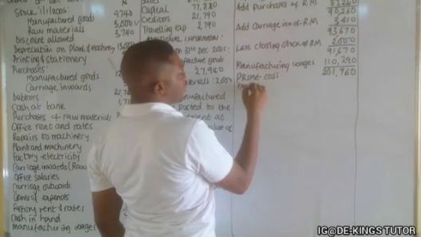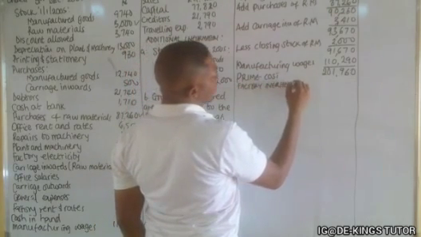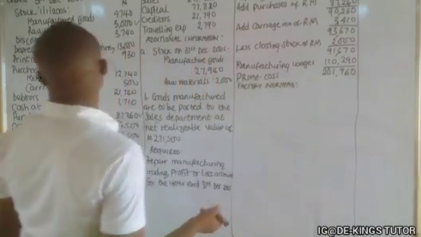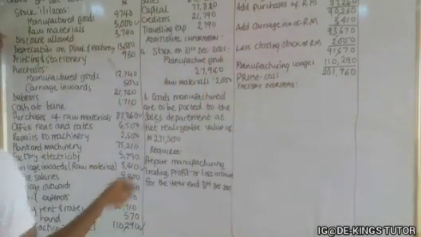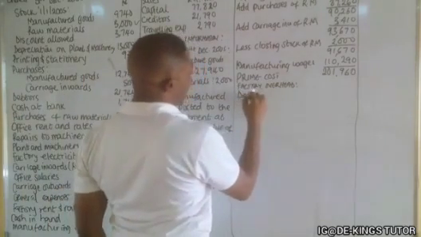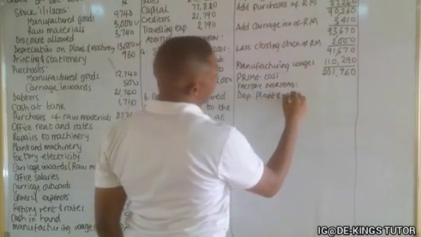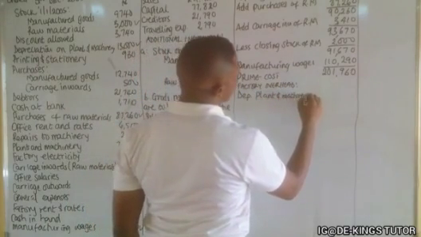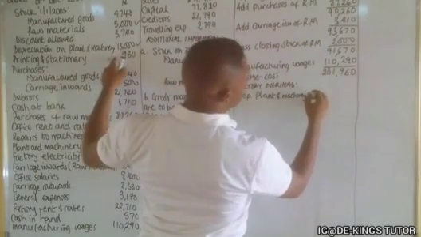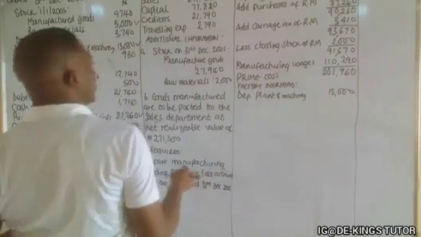So let's say factory overhead. At the factory overhead, let's start. The first one we can see is depreciation of plant and machinery, 13,000.